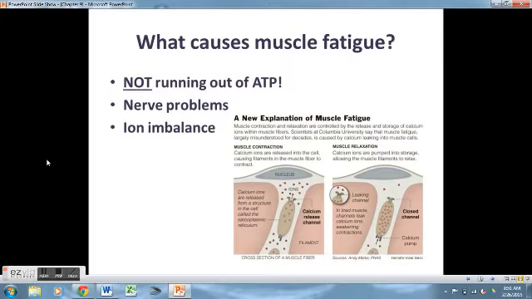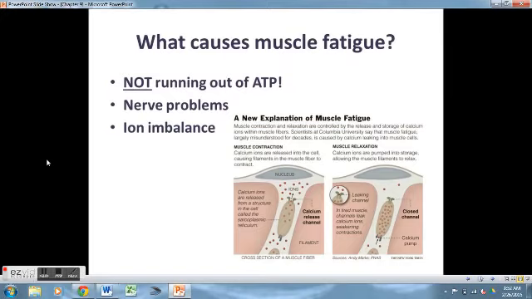Now, I mentioned this idea of muscle fatigue before, and a really common misconception is the reason our muscles get fatigued, and when I say fatigued, I mean to the point, not just you're tired, but like they just cannot contract anymore at all. Some people think that that's actually because of running out of ATP, which is not true.